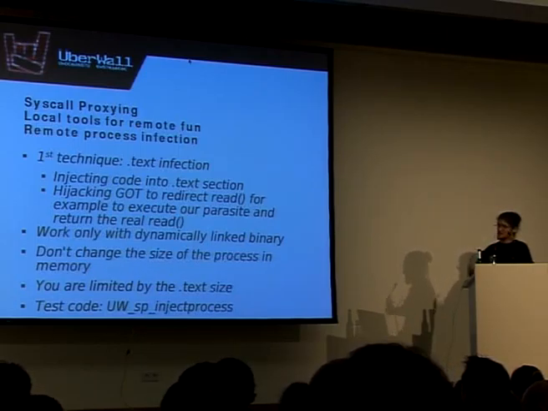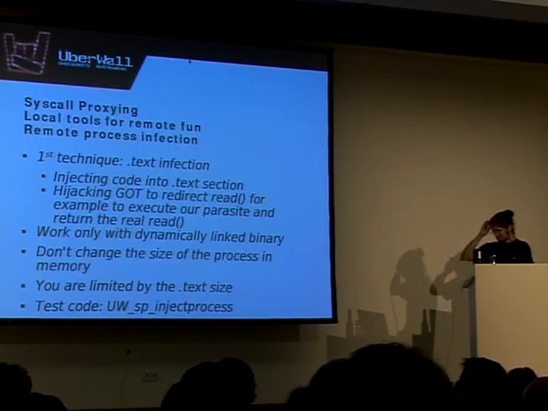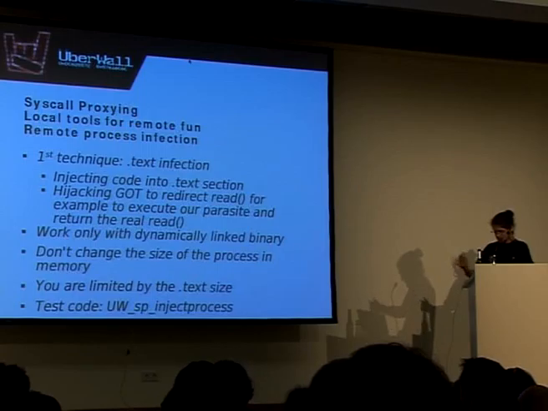So for a basic hijacking parasite you can do it, but that's not really usable. The test code I publicly released is UWSP inject process, which is available on my website, but that's not really the best you can do with that.